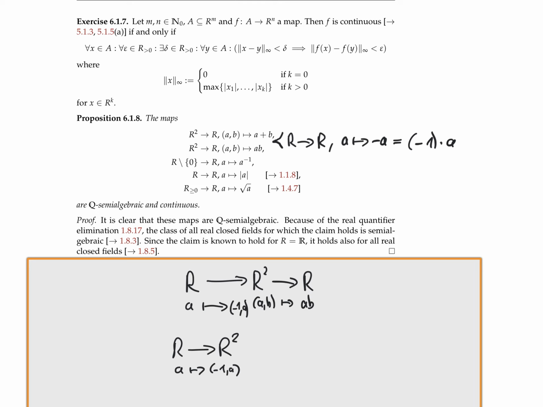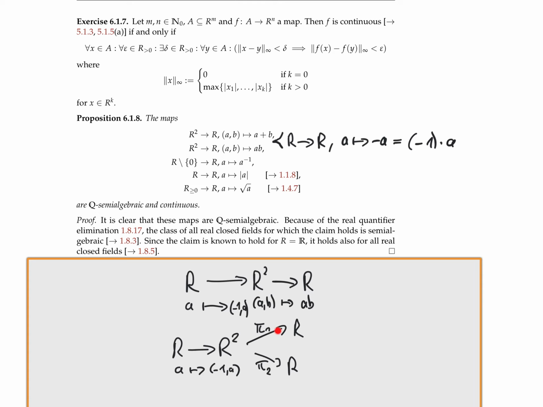Well, here I have a product topology, so that's the initial topology with respect to the two projections on the two components. Let me call them P1 and P2. And what I have to check is whether these composite maps here are continuous.